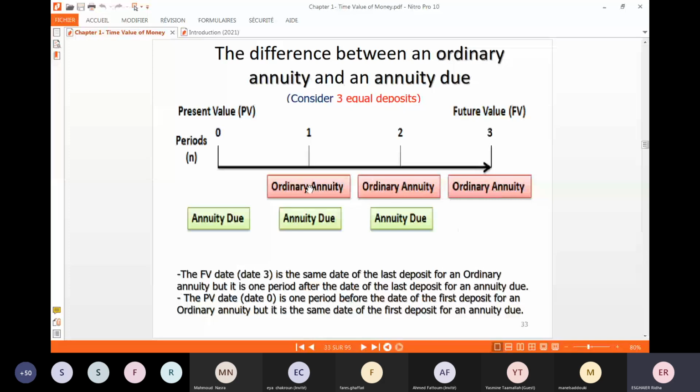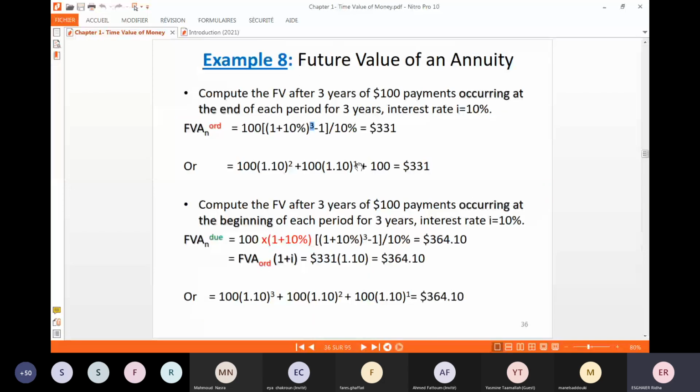The first 100 will be 100 times 1 plus 10% power 2. The second one will be 100 times 1 plus I power 1, from 2 to 3. And the last one will remain the same, 100. So the future value will be 100 times 1 plus I squared, plus 100 times 1 plus I power 1, plus 100. You will get the same result.